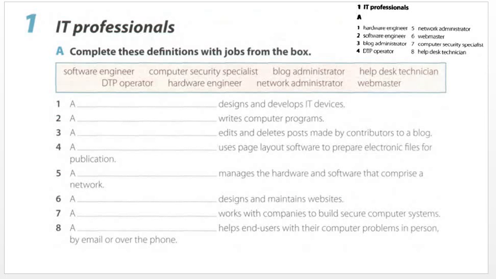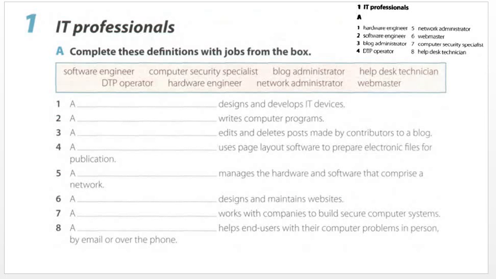Okay, at first, a hardware engineer designs and develops IT devices. The second one, a software engineer writes computer programs.